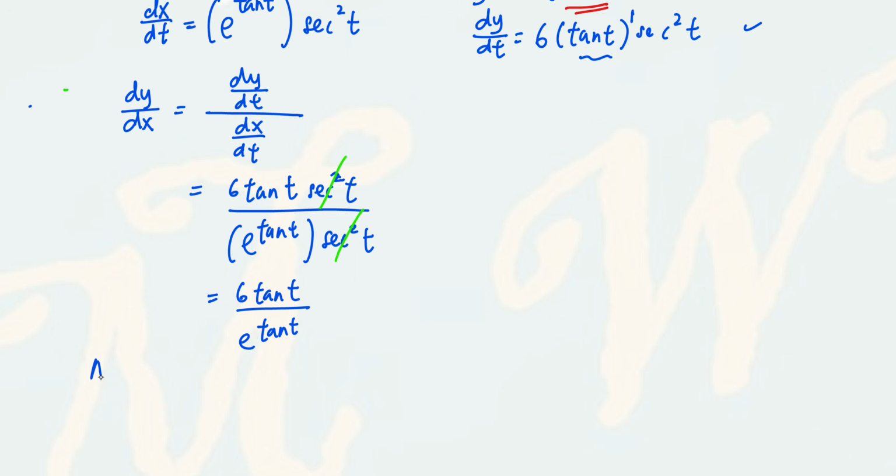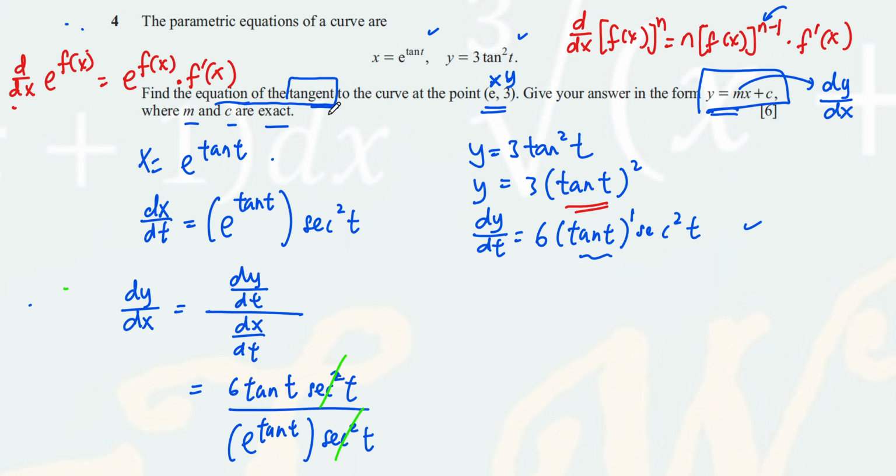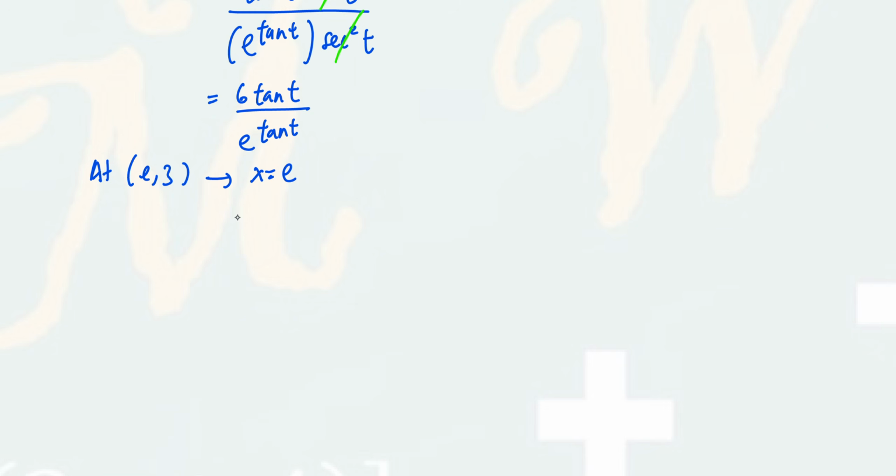At e, 3, your x is e. At the same time my x is also e to the power tangent t. So when you do comparison, e is e to the degree 1 on the left hand side, so my tangent t is basically 1.